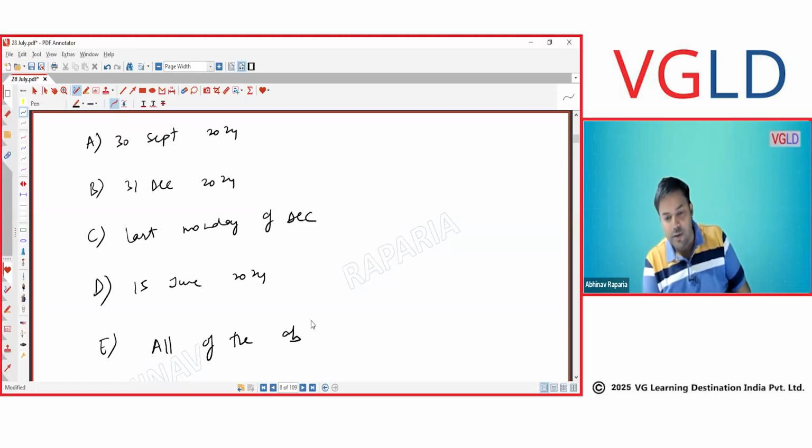If they ask you which of the following is not a valid tax year, which of the following is not a valid year? Why?